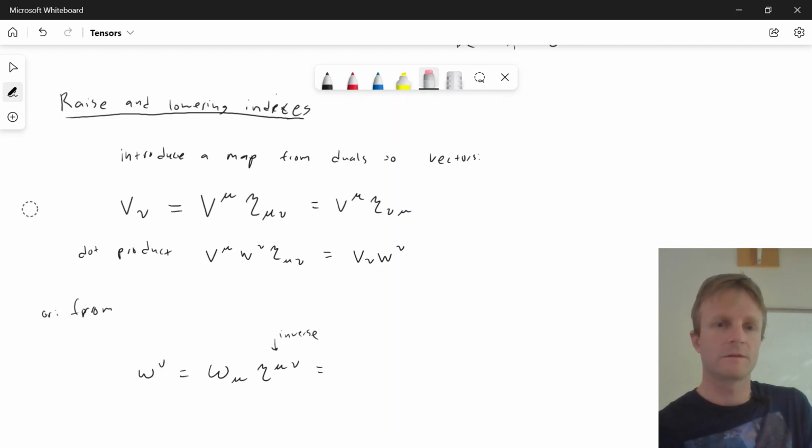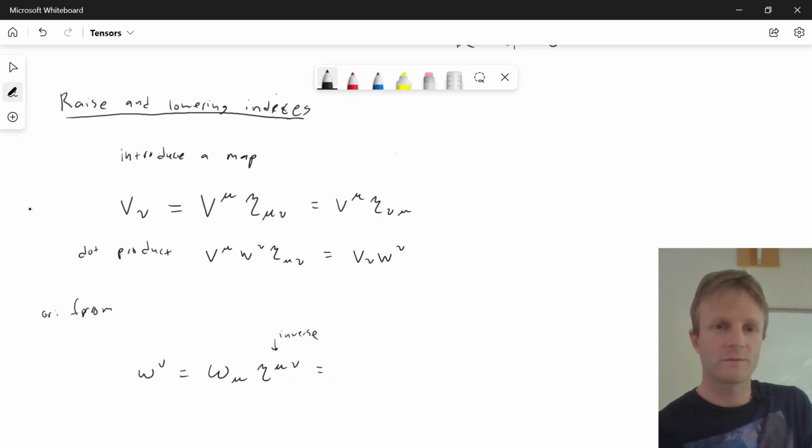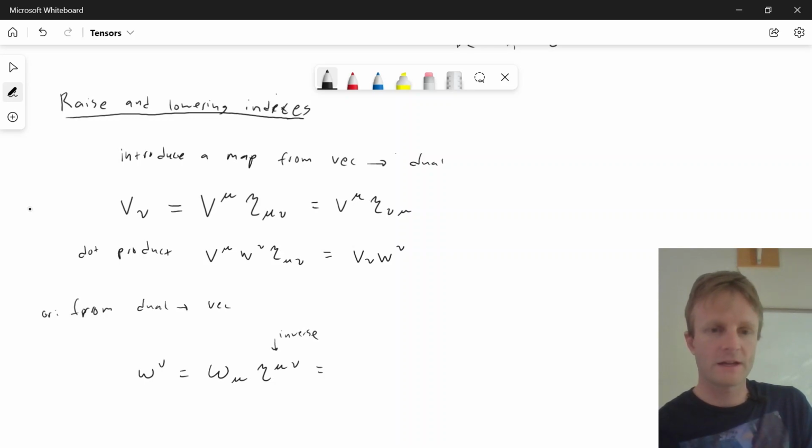The one up top is wrong: this is a map from dual to vector. And I can also write this as ω^ν μ.